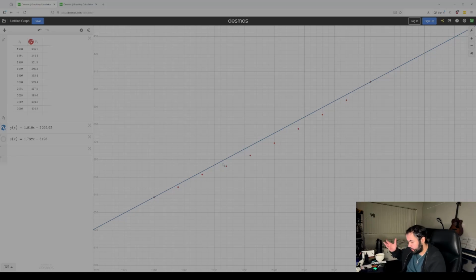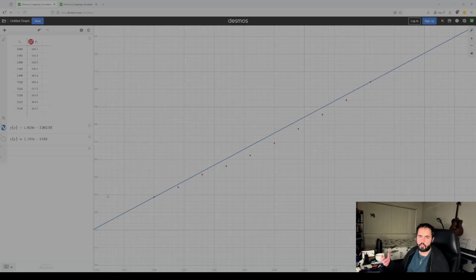This process that we just did where we pick 2 points and we define a line that goes through them, it's okay, but it's definitely not the best approach that we can take. There is a much better way that we can do this, and it is called linear regression. Linear regression is something that is studied in statistics.